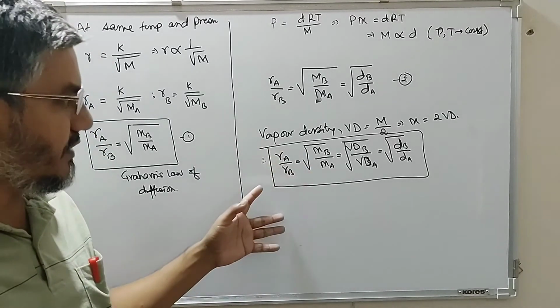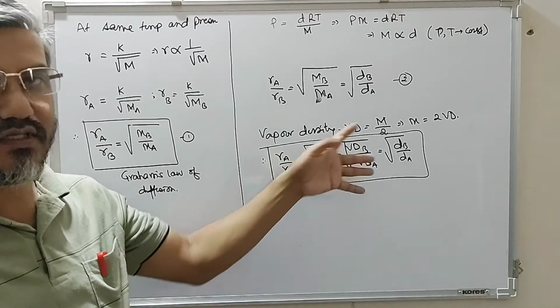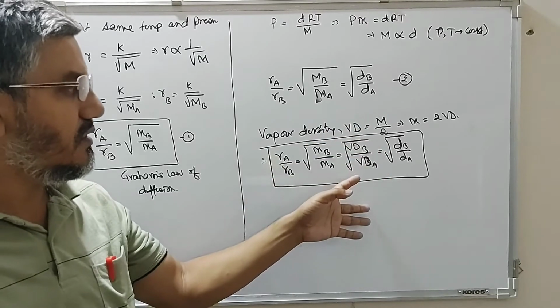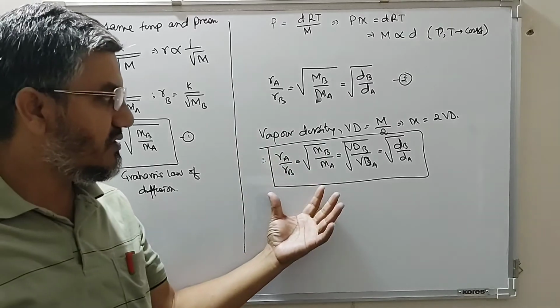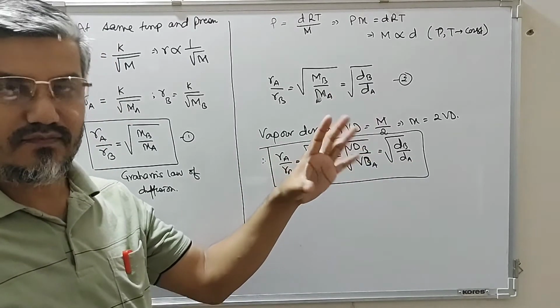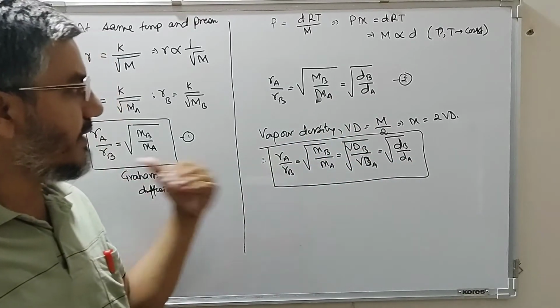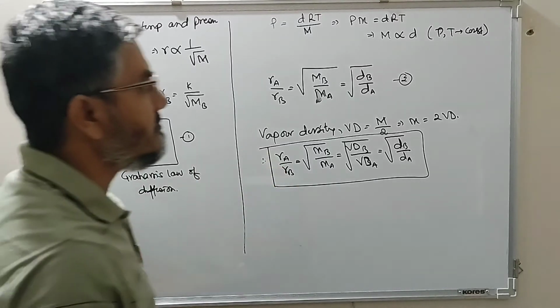The ratio of the rates of diffusion is inversely related to the square root of the ratio of the vapor densities of the gases. If the densities are given, we have this. So this is Graham's law of diffusion.